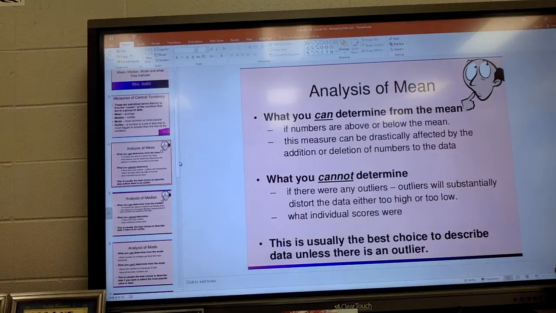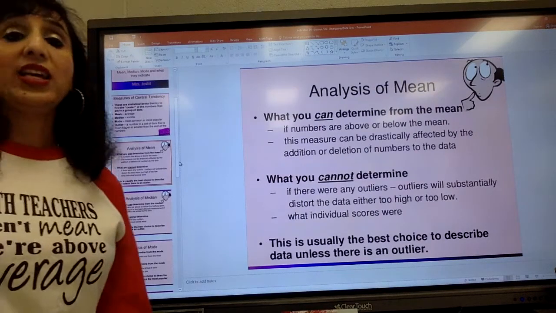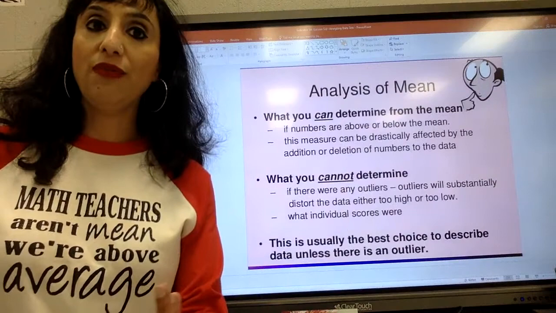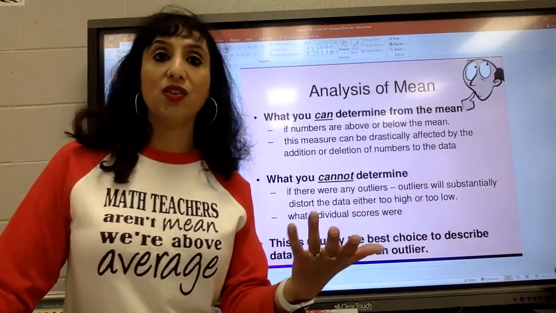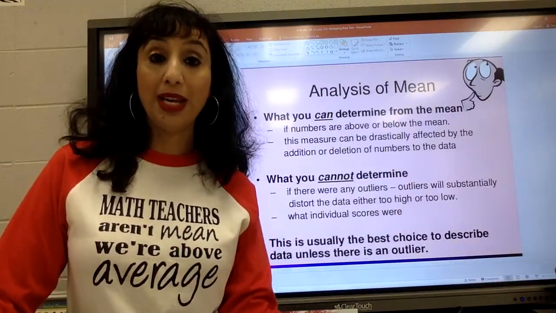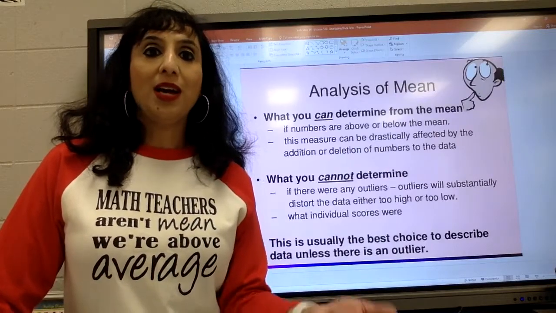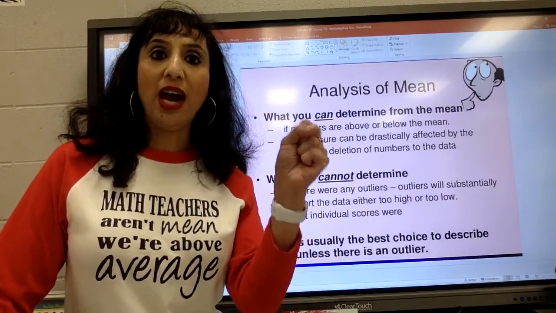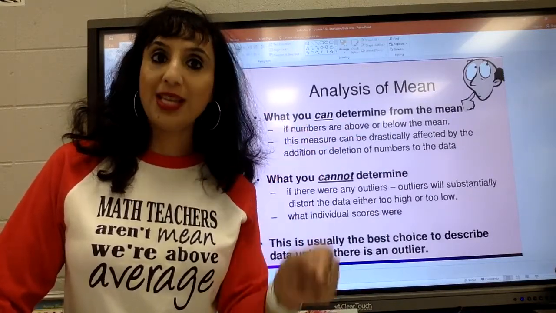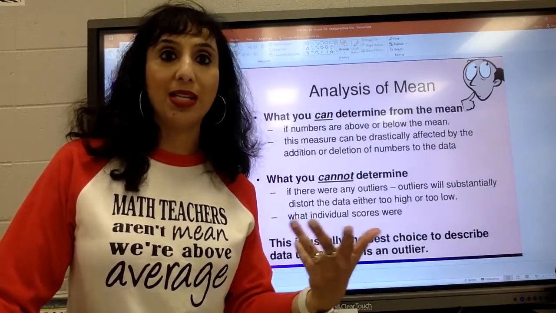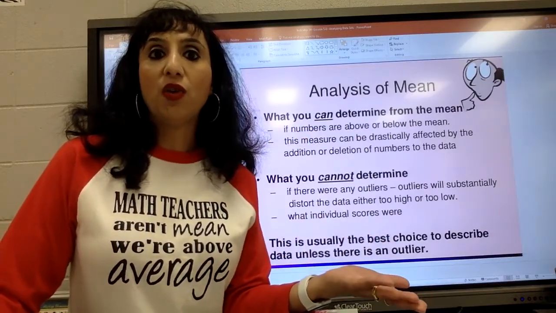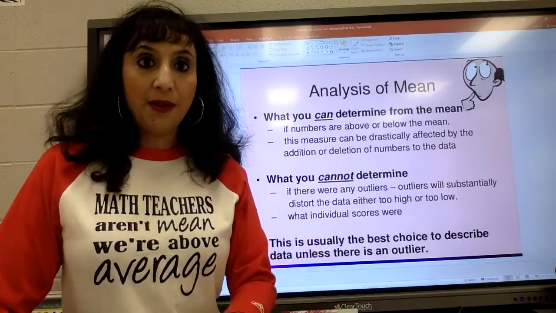Okay, what you cannot determine from the mean is, let's say, when we had done yours and your grade had dropped one letter grade to a B. At that point, when you are looking at your average, you're not sure if that was because of an outlier or because you got all B's.